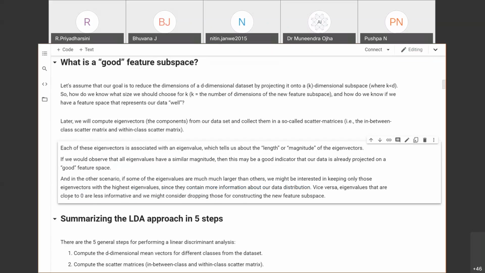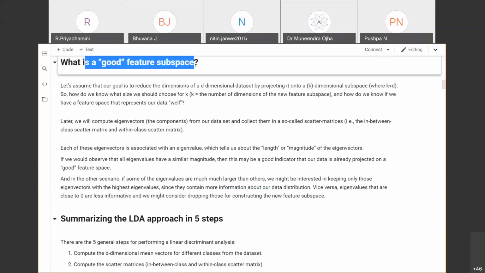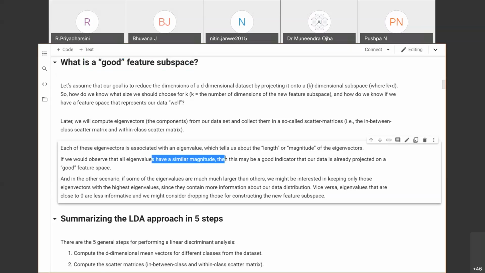So the eigenvalues which are close to zero, we must drop them and construct a new feature subspace. So this gives us a feeling of how we find out whether our subspace is good or not. If eigenvalues are of similar magnitude, the feature space is a good feature space.